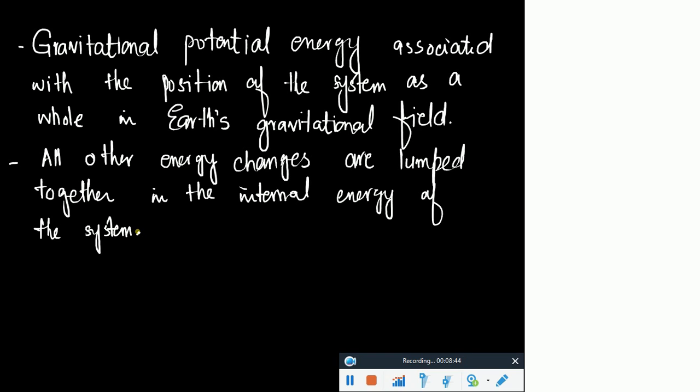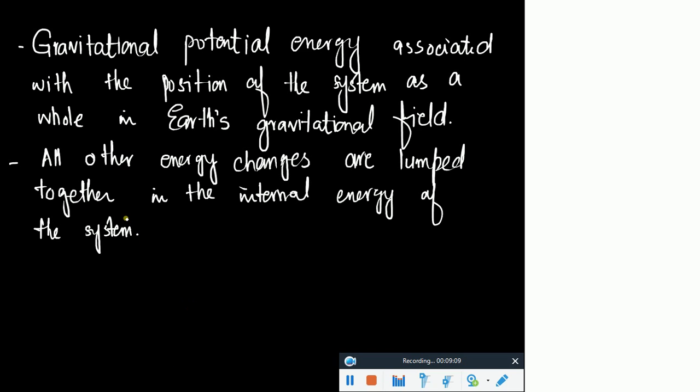So whatever comes next, that is the internal energy. It takes into account the kinetic energy of the molecules, which includes rotation, vibration, oscillation, collision, everything. And the second thing is that internal energy takes into account the bonding between the atoms or molecules. I am talking about the bonds.